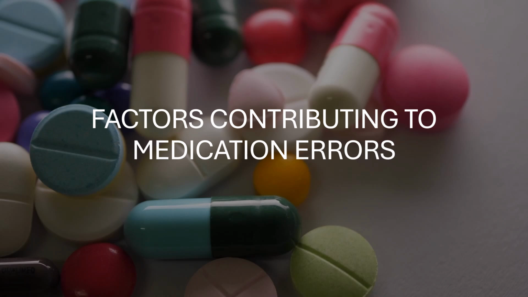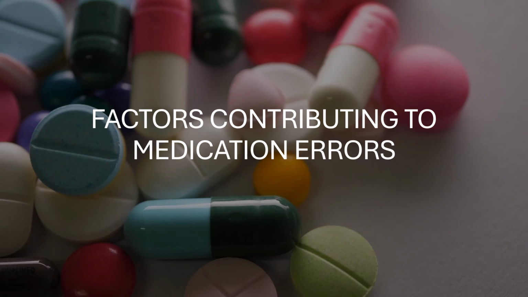Next, failing to perform an agency system check. The pharmacist and nurse must collaborate on checking the accuracy and appropriateness of drug orders prior to administering drugs to a patient.